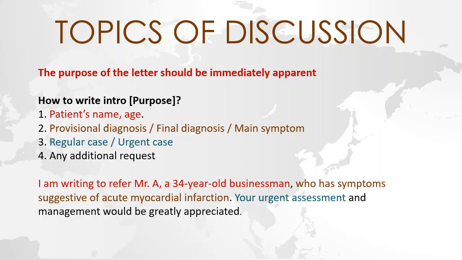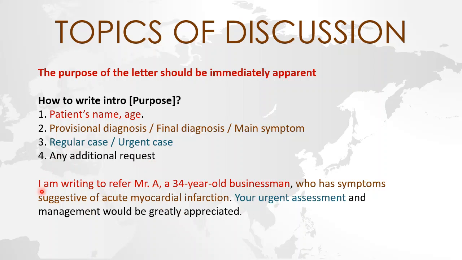How to write a purpose? You know how to write the purpose. It includes the patient's name, the partial diagnosis or final diagnosis of the main symptom, whether it is a regular or urgent case, and if there is any additional request you have to put it into the purpose portion.